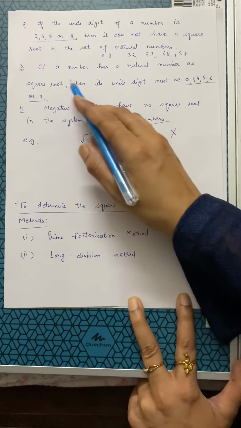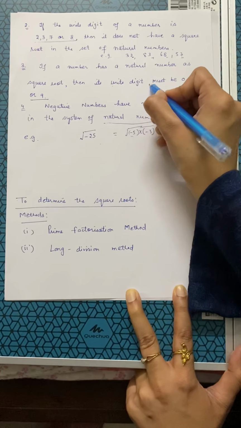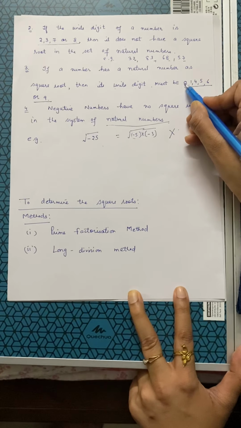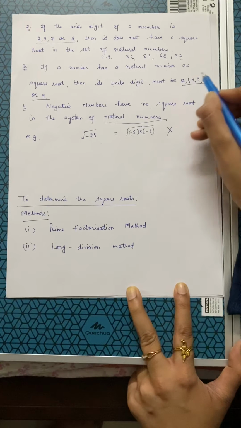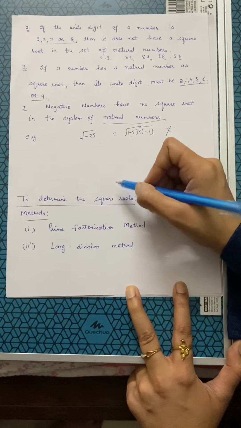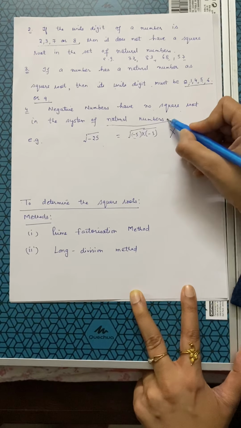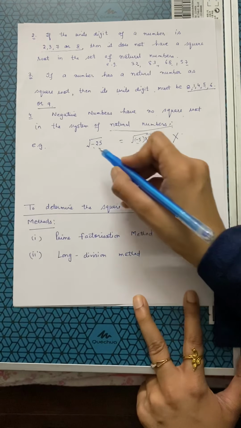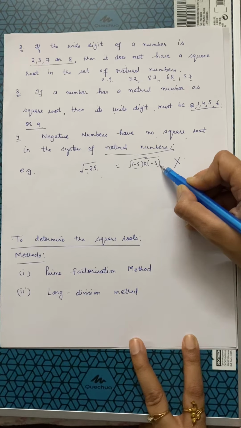And if we have a perfect square, we have to keep in mind that the unit digit of that number will be 1, 4, 5, 6, 9, or an even number of zeros. Negative numbers have no square root in the system of natural numbers. Since we're talking about natural numbers, negative numbers won't exist. Square root of minus 25, we won't consider that.